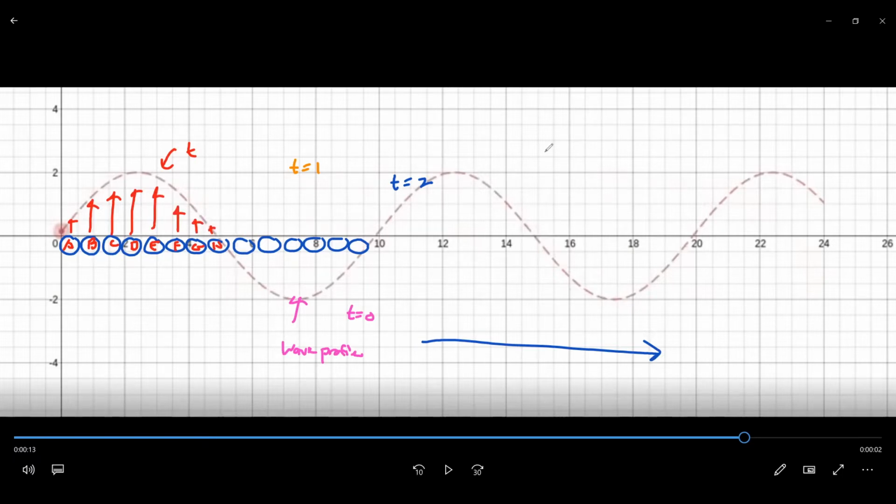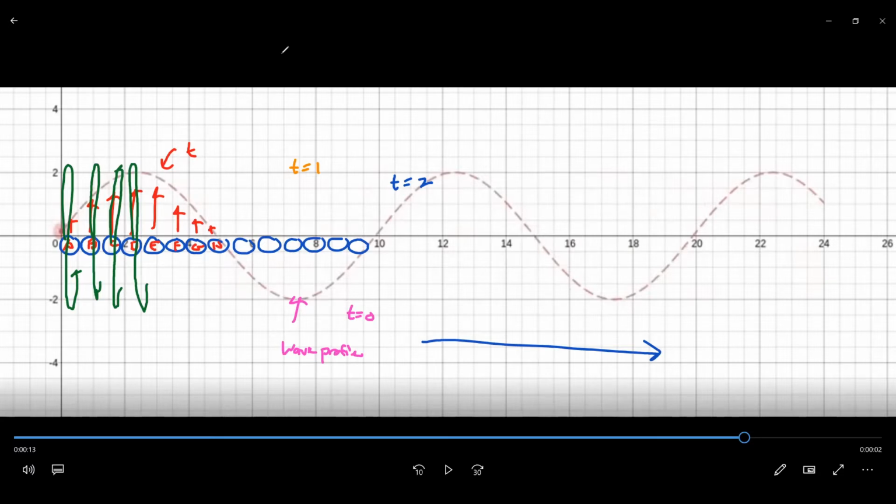So what you understood is that A will oscillate up and down, B will also oscillate up and down, C will also oscillate up and down, D will also oscillate up and down. It applies for all the particles as the wave profile moves.